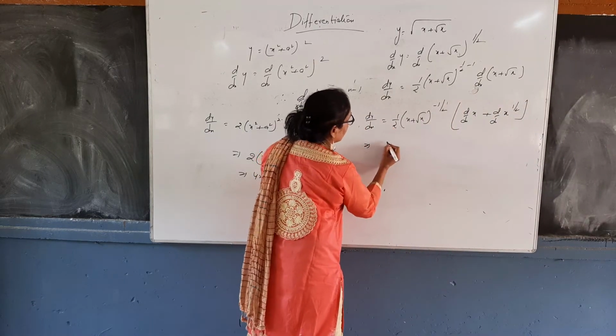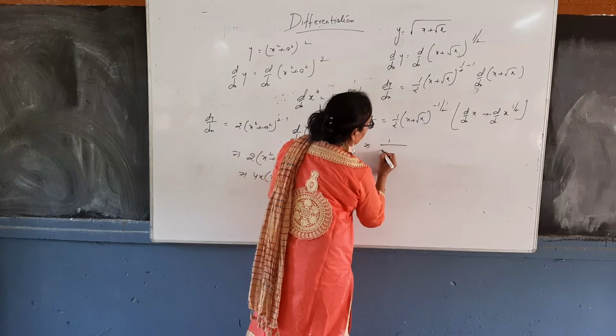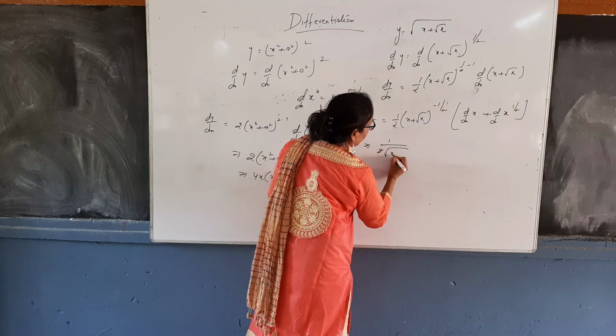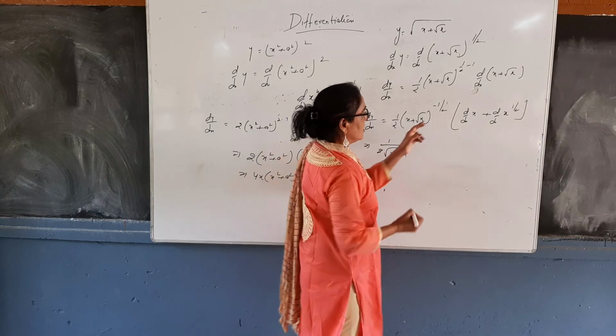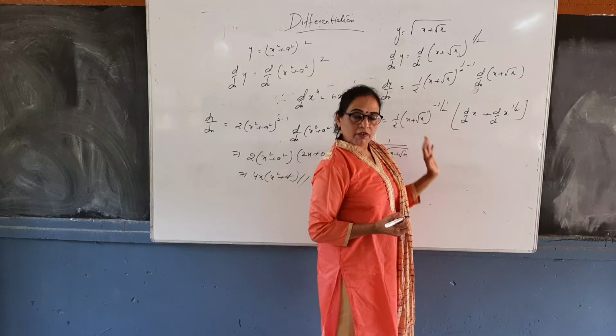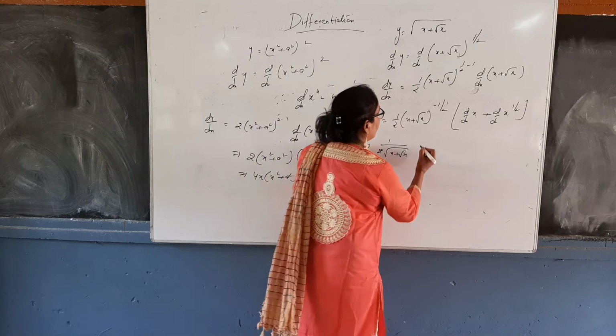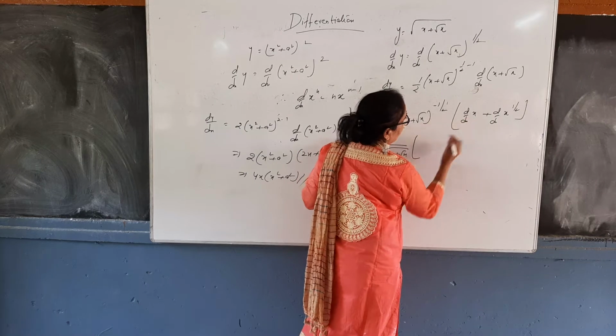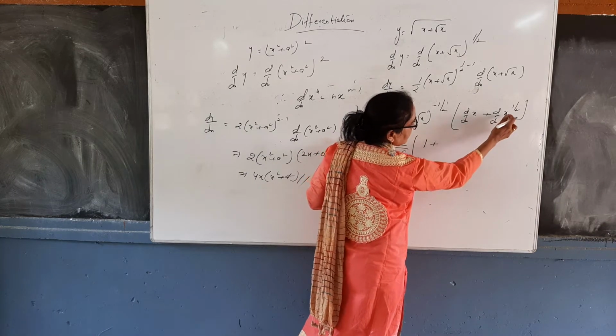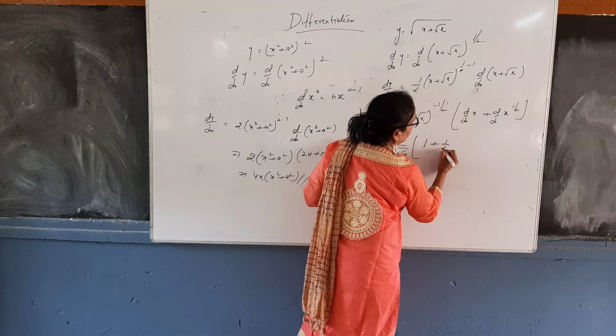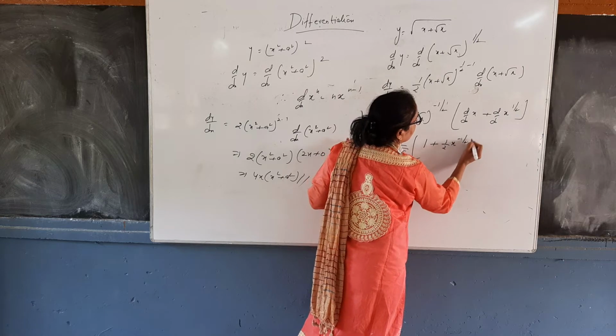Or simplify this, so it will be 1 by 2 under root of x plus under root x. Since here the power is given minus 1 by 2, so take it in the denominator. From here you will get d by dx of x is 1, and d by dx of this will be 1 by 2 x raised to power minus 1 by 2.